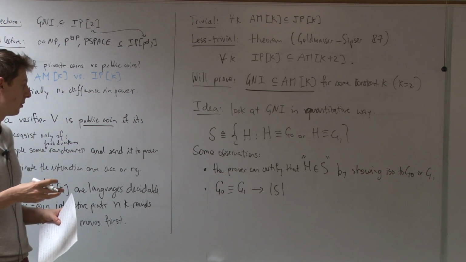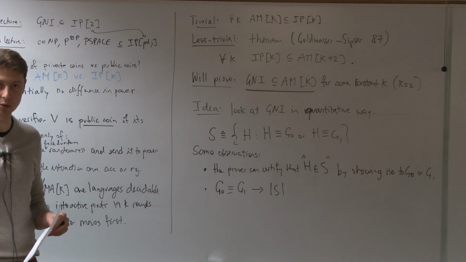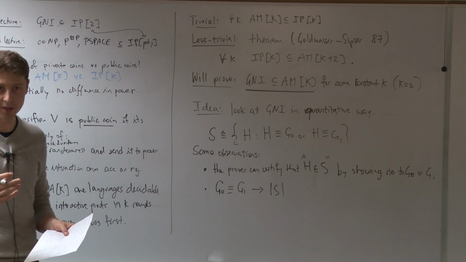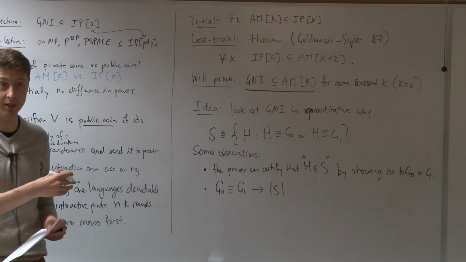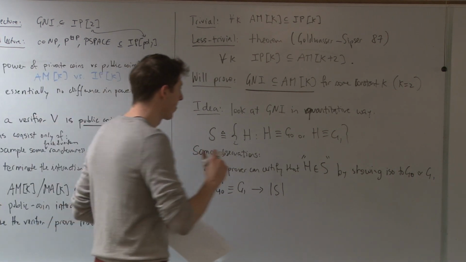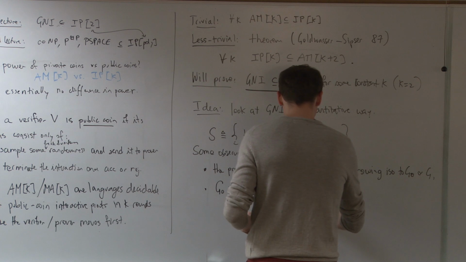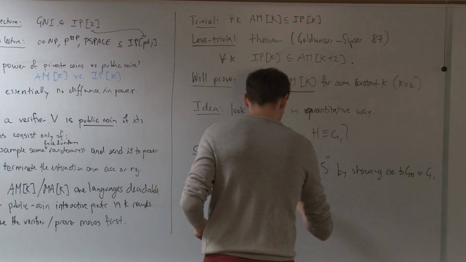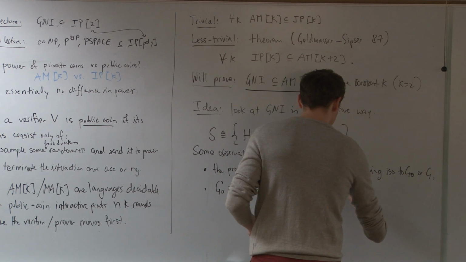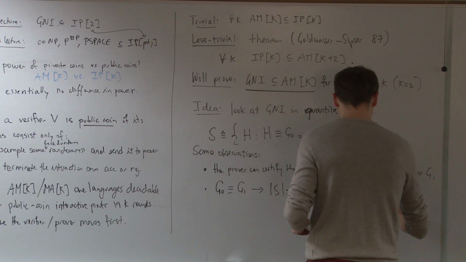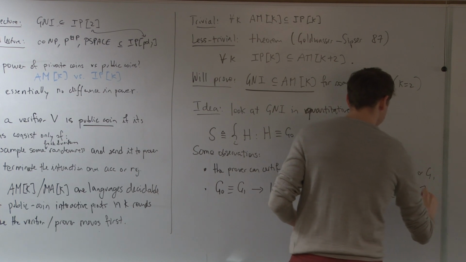So really, you will get n factorial divided by the size of your automorphism group. That's just a detail. So for the purpose of the lecture, I'll just say the size of S equals n factorial, and we're going to assume that the automorphism group of G0 and G1 is the identity. Okay?